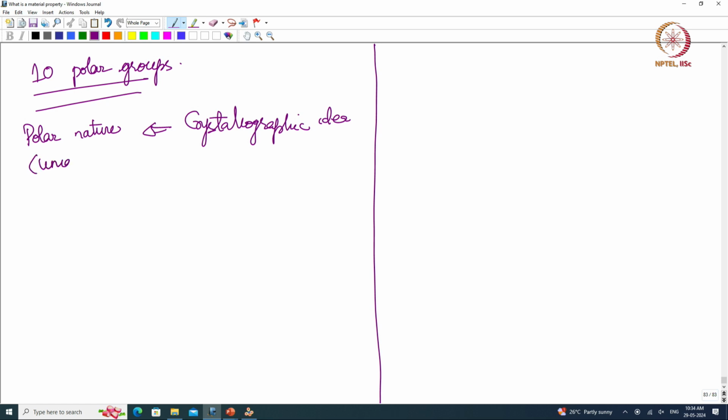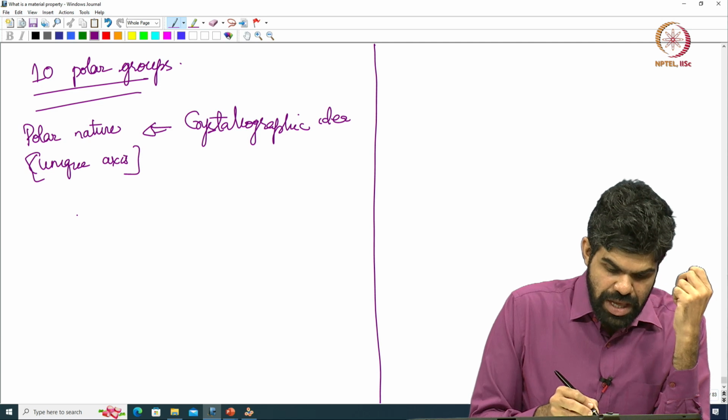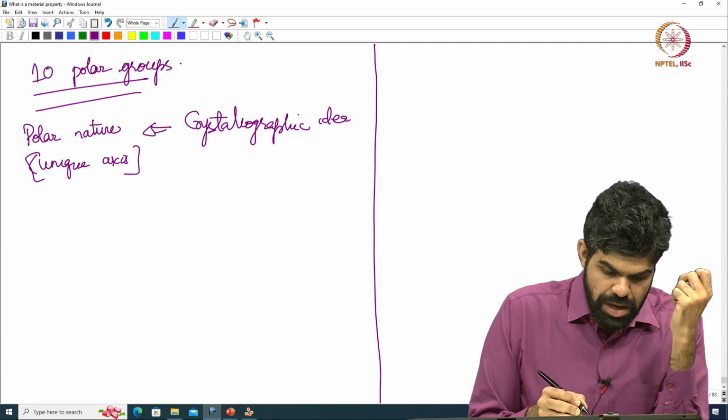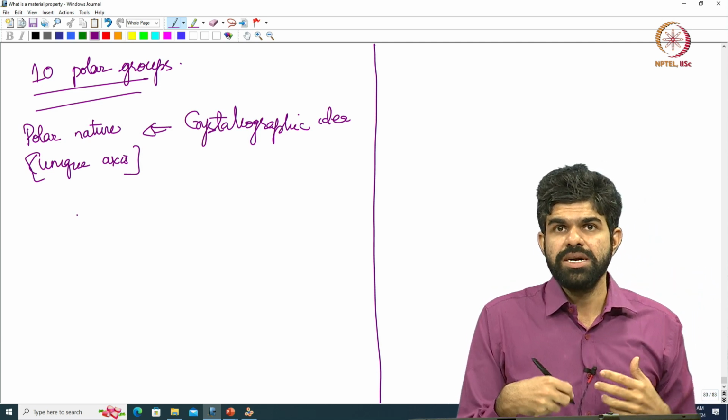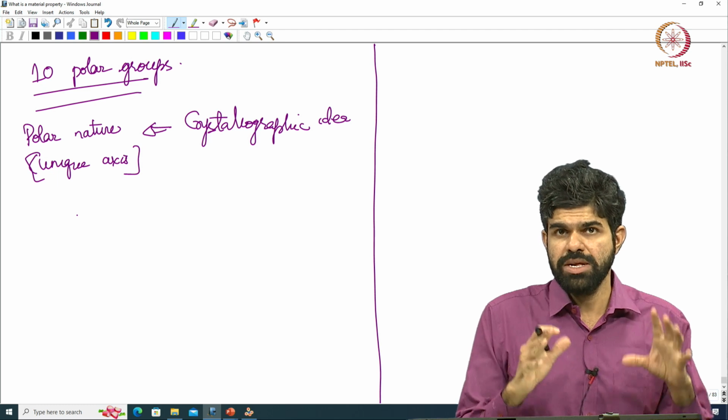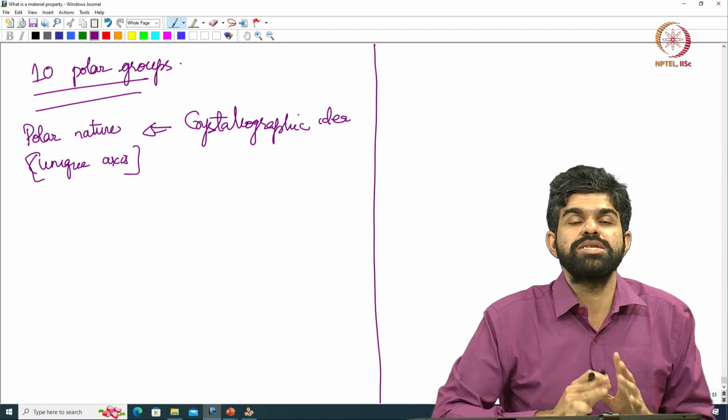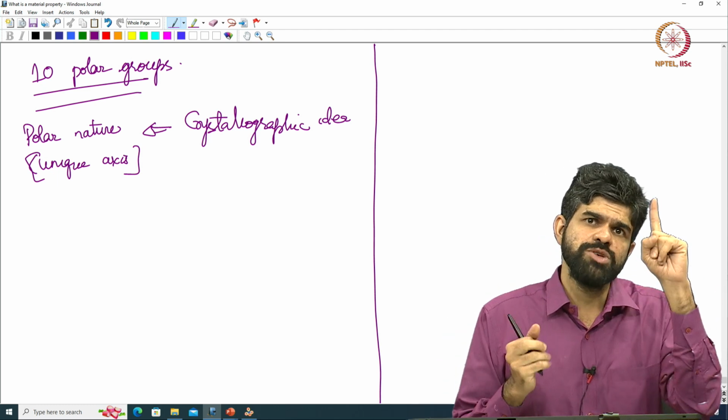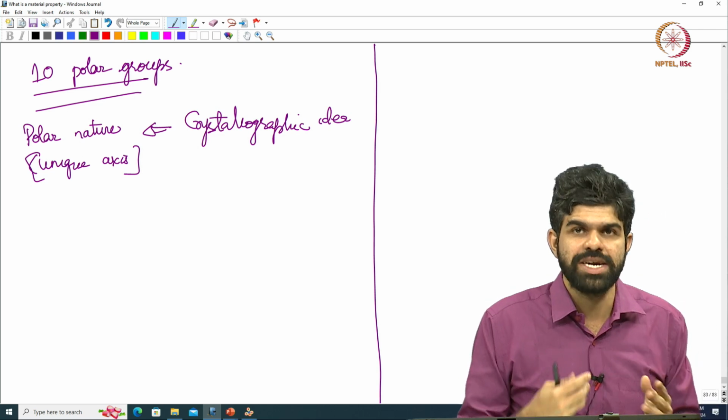So that is what is meant by my crystal being polar. Polar means I have a unique axis, that is it, it is a crystallographic idea.